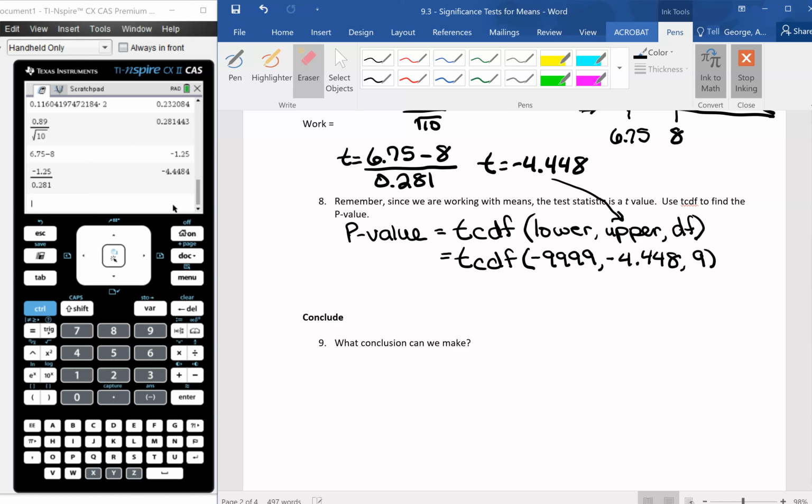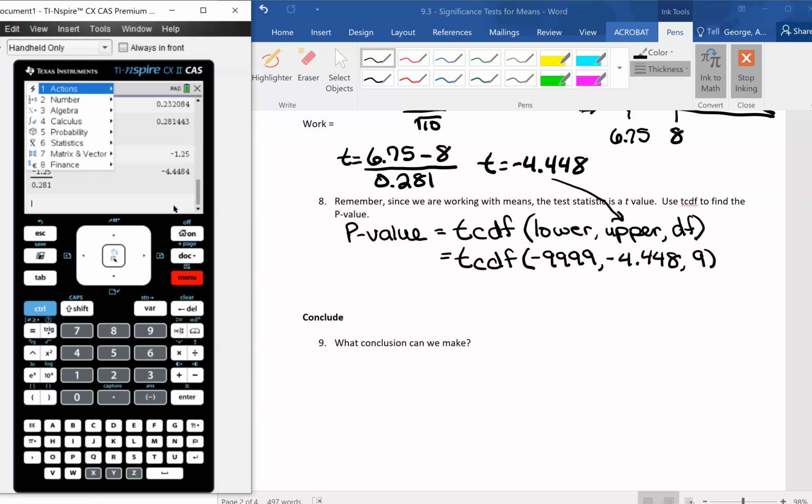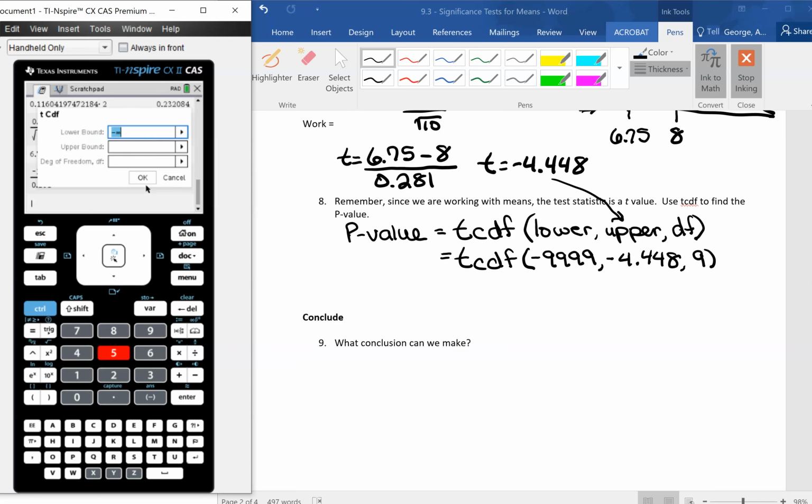All right, so in the calculator to find that, you want to hit Menu, 6, and then Distributions, which is 5. And then we're doing t-CDF. You can leave the negative infinity in there, or you can type negative 999. It's fine either way.